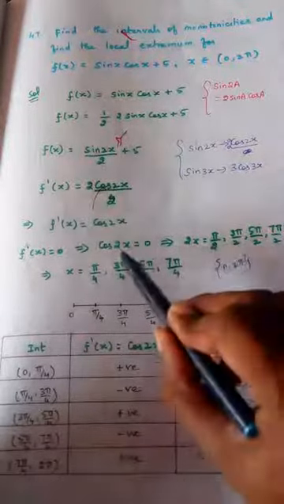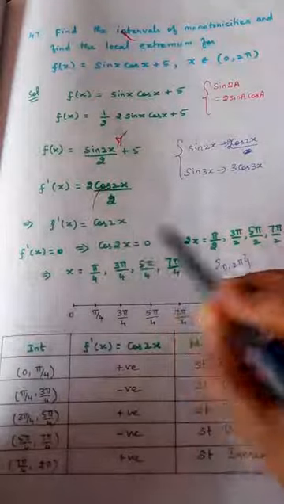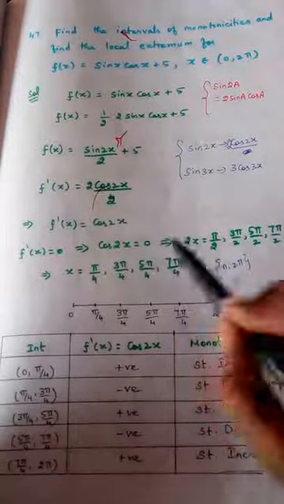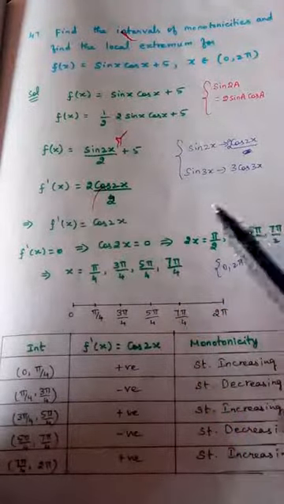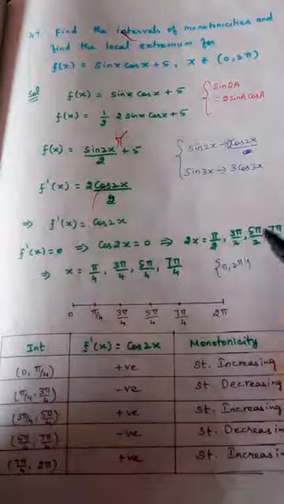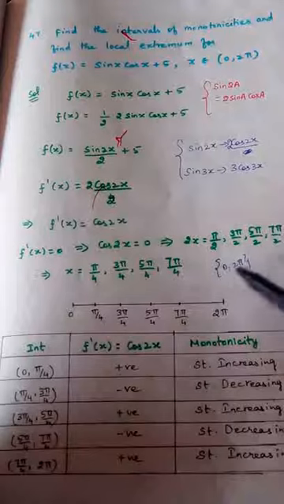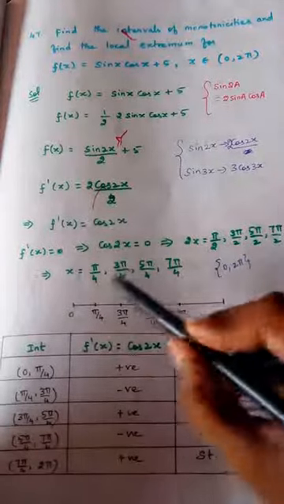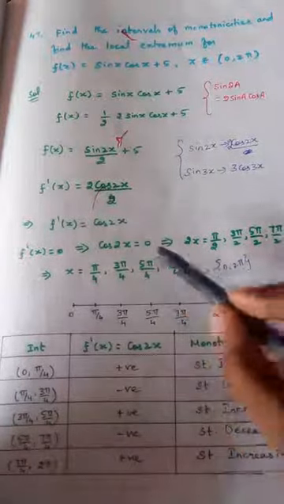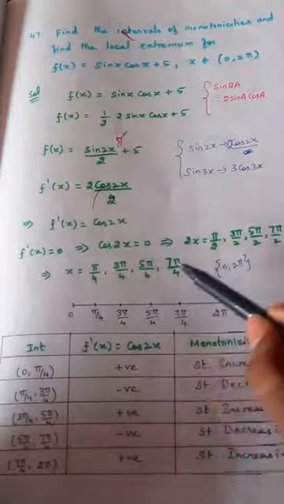If I put 3 pi by 2, answer will be 0. 5 pi by 2, 7 pi by 2, 9 pi by 2, 11 pi, everything will become 0. But we are taking only 4 because only these 4 will lie within the given interval 0 to 2 pi. So these are all called critical numbers. These 4 values are called what?